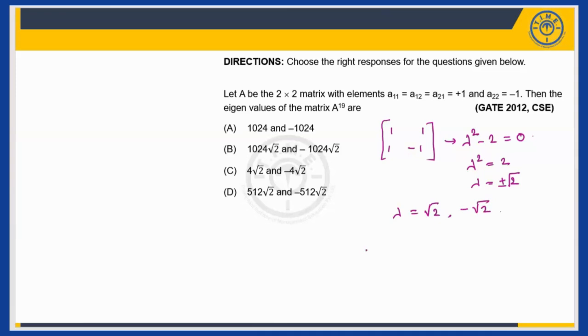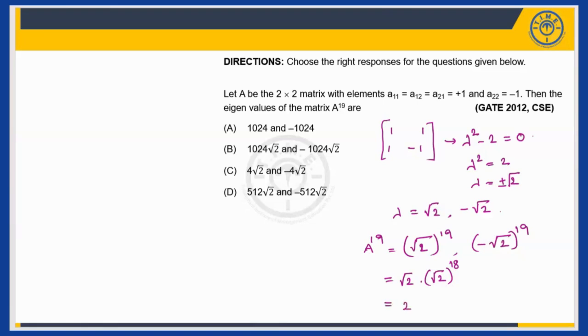So I want the eigenvalues of A to the power 19. That is root 2 to the power 19 and negative root 2 to the power 19. And that equals how much? We can write it as root 2 into root 2 to the power 18. So 2 square will be gone, 2 to the power 9.